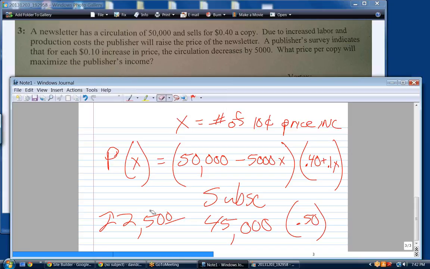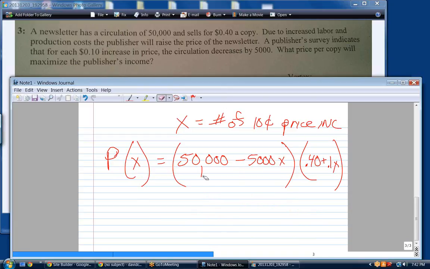But obviously, at some point, this thing would go to 0. In other words, if X were 10, we don't have any subscribers. So it doesn't matter how much they're paying. There's no income. So there's some magic number X that will optimize this function.